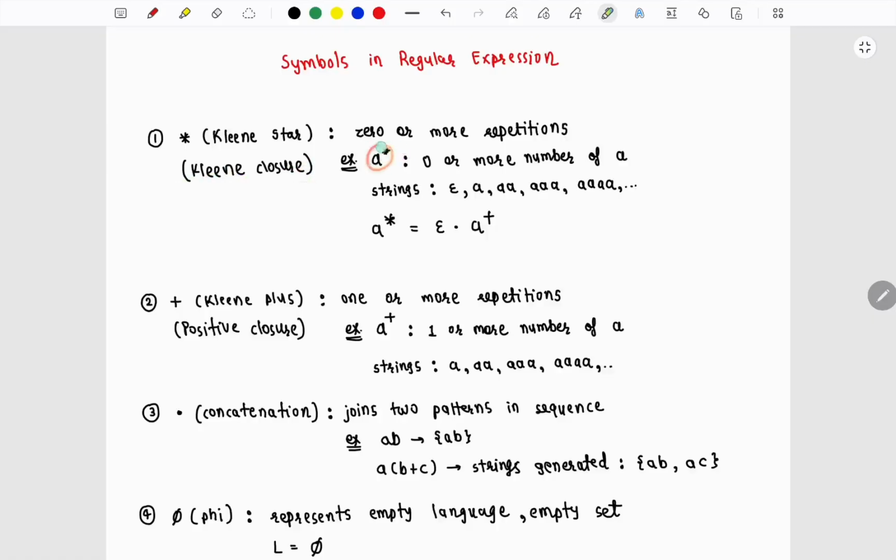For example, A star. What does it mean? A star, zero or more number of A. If we write B star, then what does it mean?